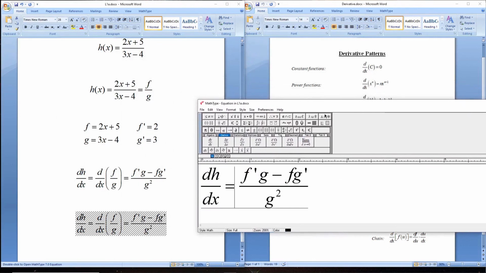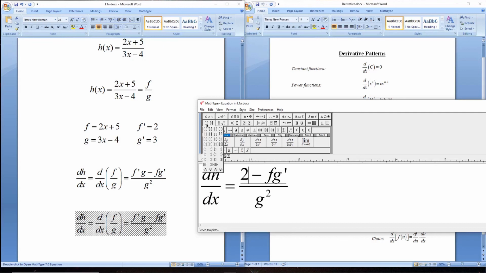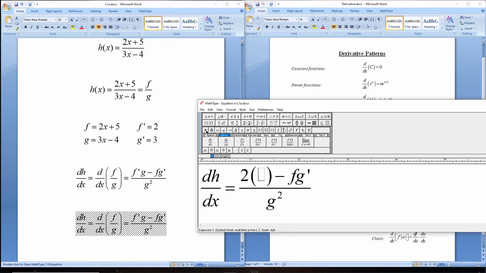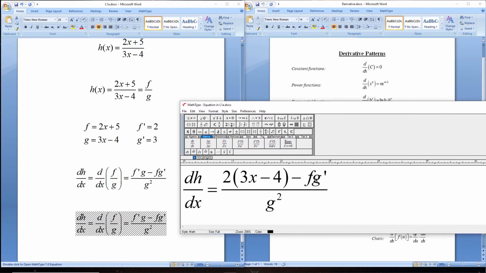So what did we figure out f prime was? We figured out f prime is 2. What's g? Well, g is 3x minus 4. We have to use parentheses there to make sure things distribute. Then we have minus f. Well, what is f? 2x plus 5.